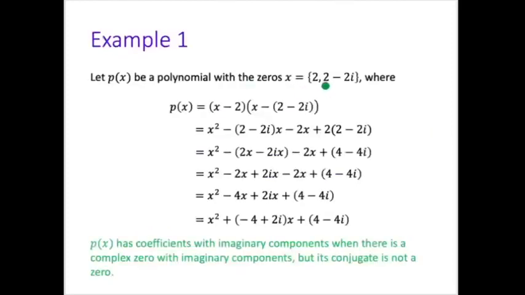We had 2 minus 2i, but we did not have its conjugate, which would have been 2 plus 2i. That's why we end up with complex coefficients. So that is the conclusion here: p of x has coefficients with imaginary components when there's a complex zero with imaginary components, but its conjugate is not a zero.